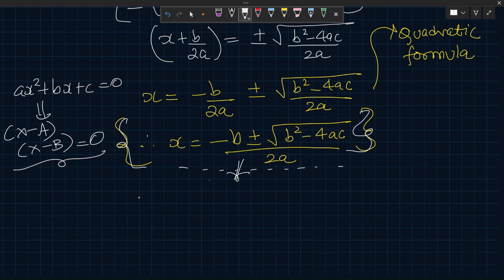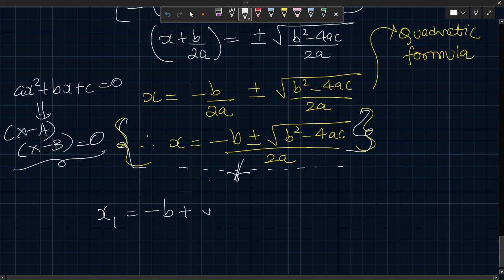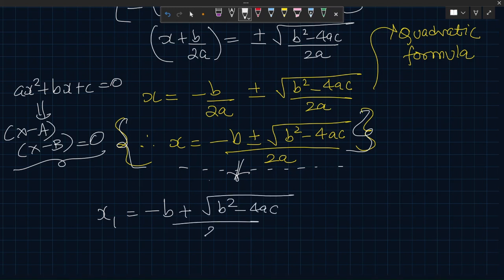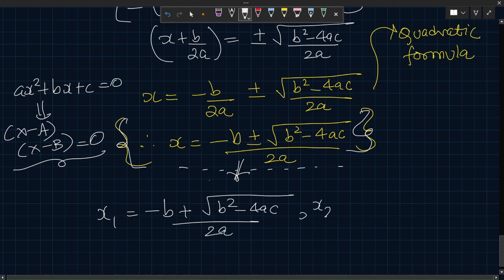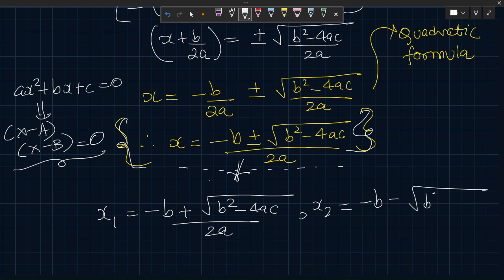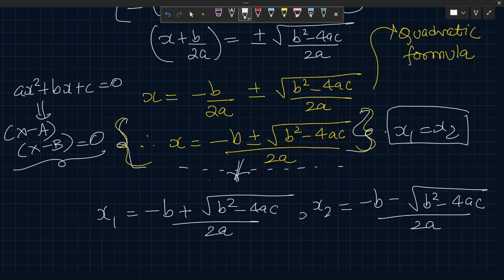One root will be minus b plus square root b square minus 4ac by 2a. There could be a second root, minus b minus square root b square minus 4ac divided by 2a. And there is also a possibility where x1 is x2, that is when we have a single root.